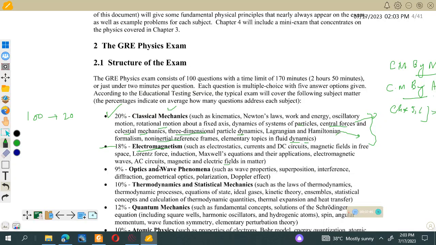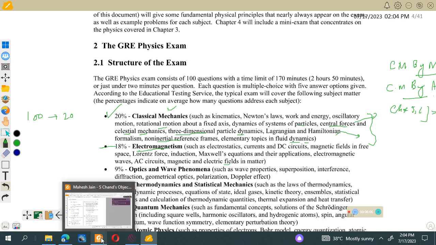Next, optics and wave phenomena. The percentage of this is 9%, covering wave properties, superposition, interference, diffraction, geometrical optics, polarization, Doppler effect. These topics are very important, and 9% of questions are taken for GRE.